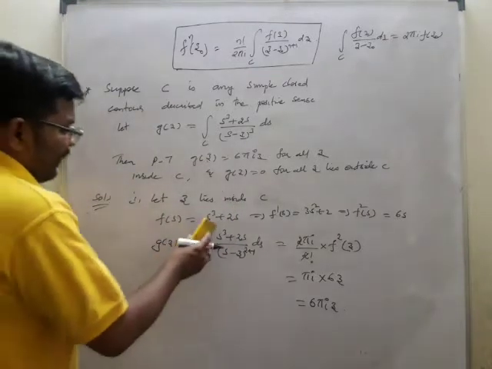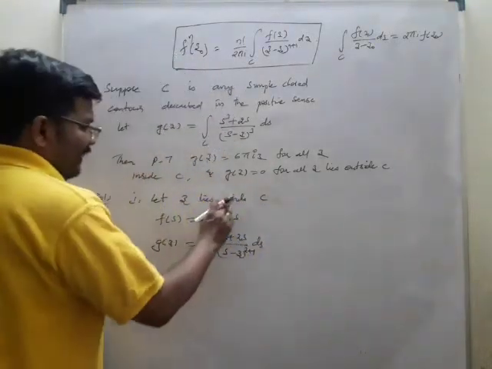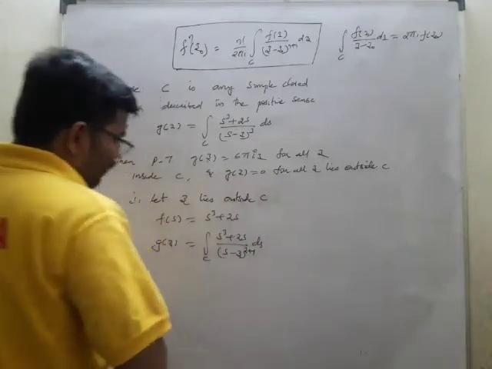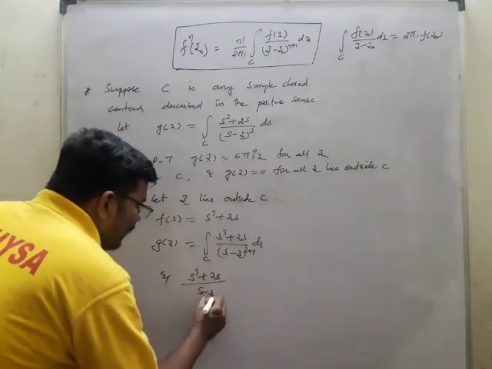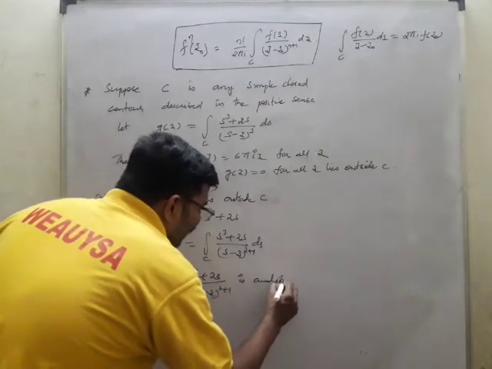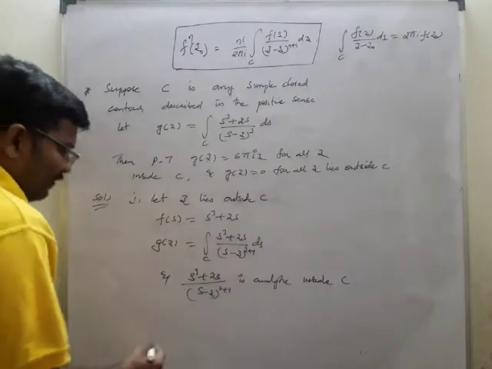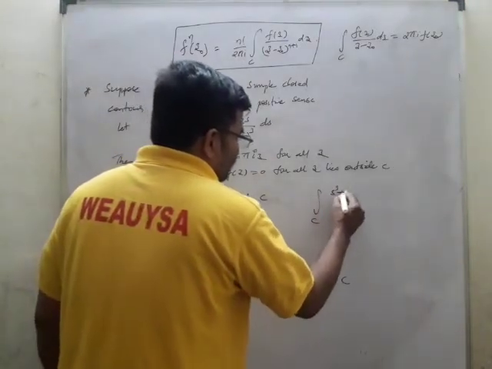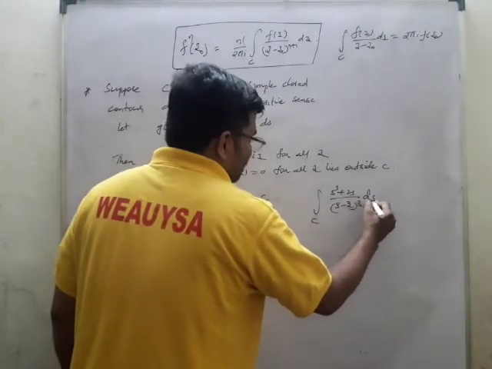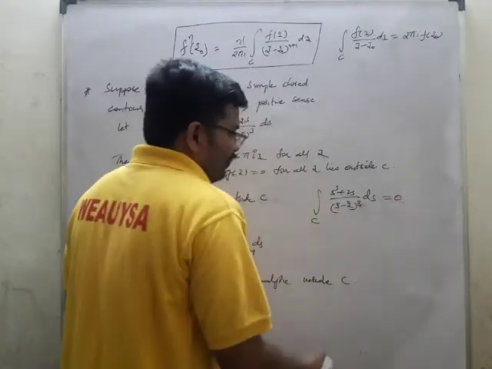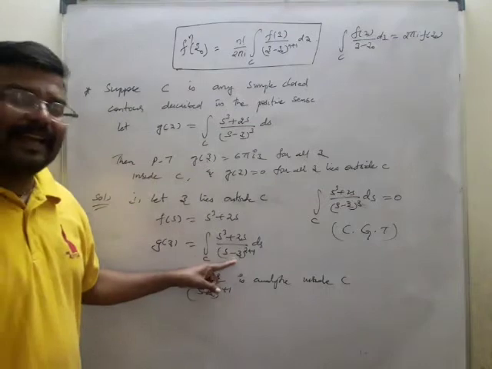Now let us take the case where z lies outside C. Here f of s is given, and you can see (s cube plus 2s) by (s minus z) whole power 2 plus 1 is analytic inside C. So therefore the integral over C of (s cube plus 2s) by (s minus z) whole cube ds is equal to 0 according to the Cauchy-Goursat theorem, because this point lies outside the region.